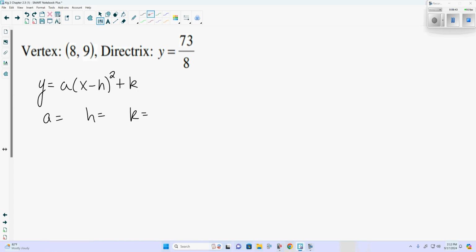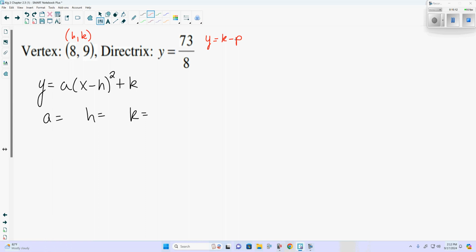Questions on this so far? So vertex is h comma k, yes? One way we can do this, that might be nice, is we just use what it has. We don't necessarily have to repeat it, but vertex is h comma k, directrix is y equals k minus p.